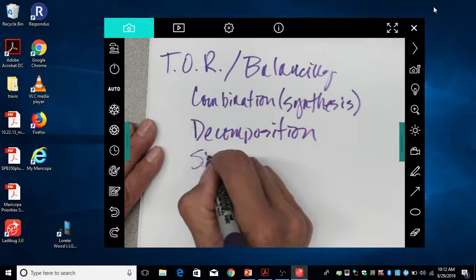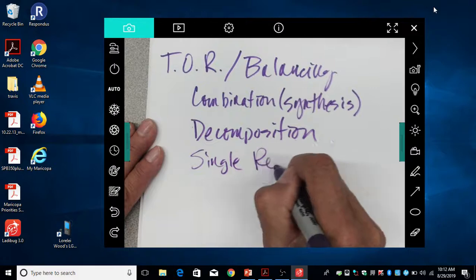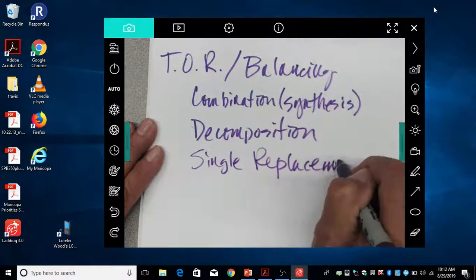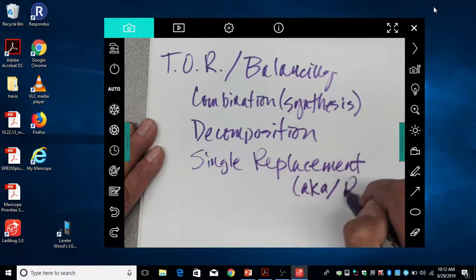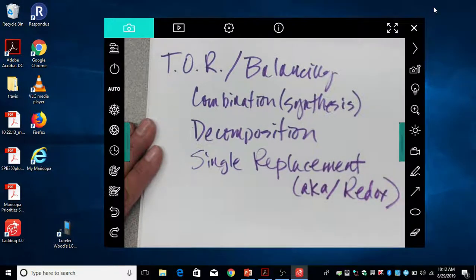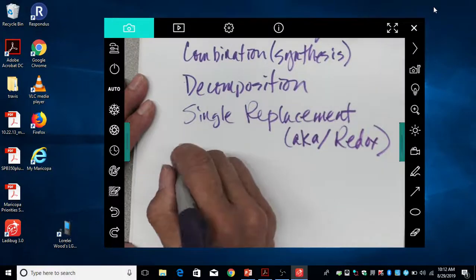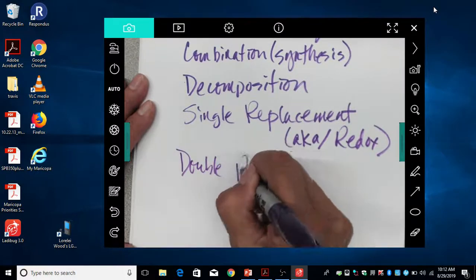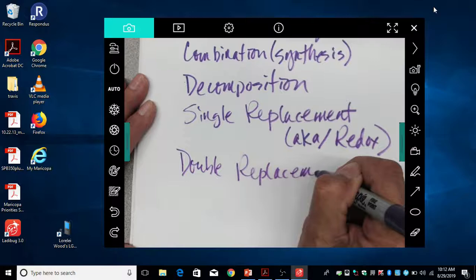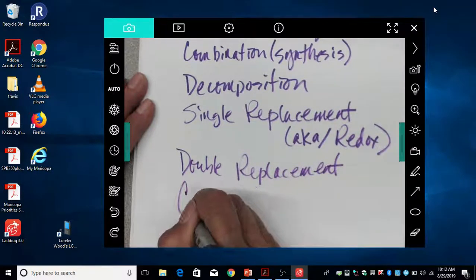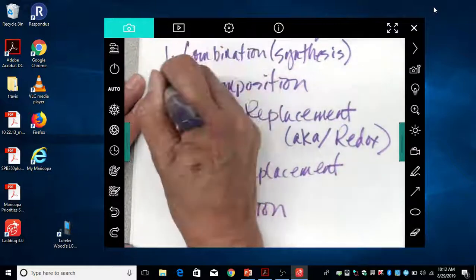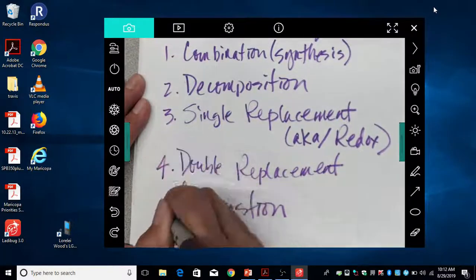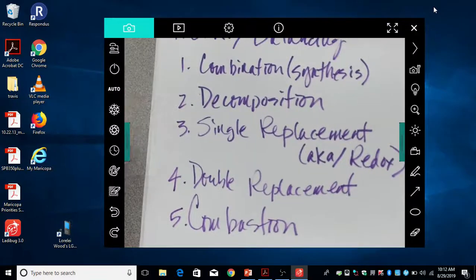There's single replacement, also known as redox reactions. There's double replacement. And then there's combustion. So there's the 5 types of chemical reactions that we're going to start talking about. Now, each of these is a little bit different.